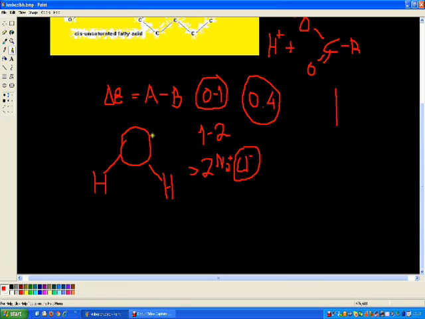Oxygen has a partial, this symbol, by the way, is a delta. It's a Greek letter which represents a partial charge in this case. And here there's going to be a partial plus, and here another partial plus. So the electrons are going to tend to go more next to the oxygen rather than next to the hydrogens.